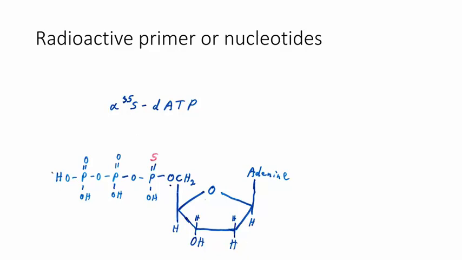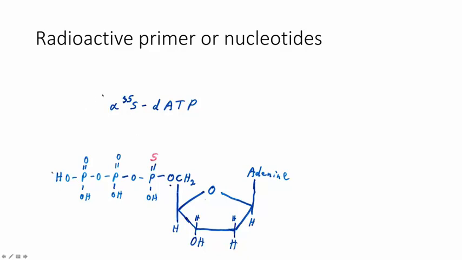One way is having a P32 label, a radioactive phosphorus, that an enzyme called a kinase will remove from something like a dATP, this is alpha, beta, and gamma phosphorus, and transfer that most outlying gamma phosphorus to a short stretch of DNA to radioactively label it.